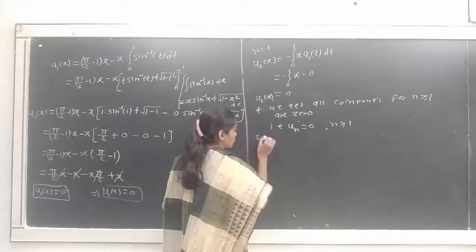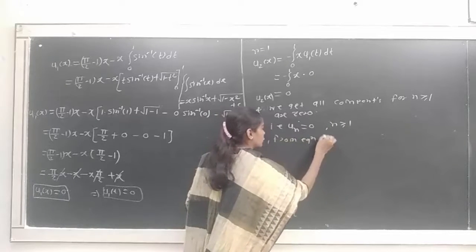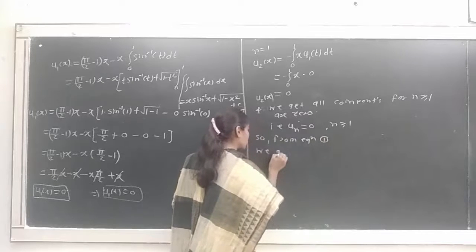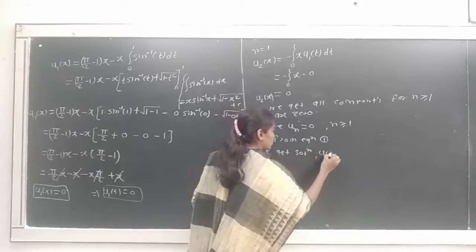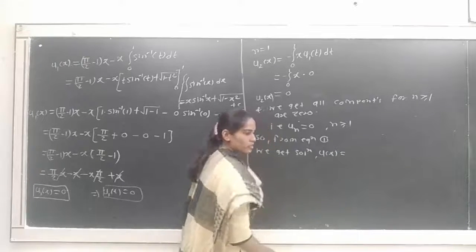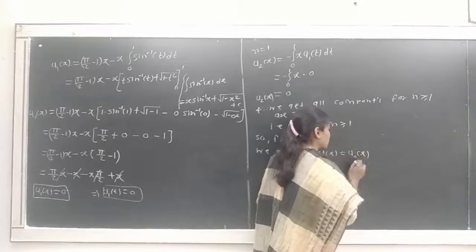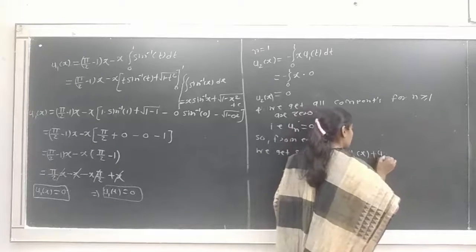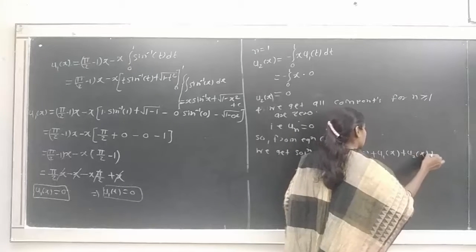So from equation number 1, we get the solution u of x is equal to, splitting the summation, the addition of the components u0 of x plus u1 of x plus u2 of x and so on.